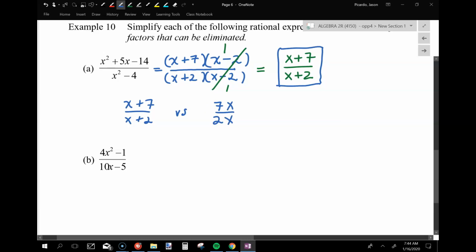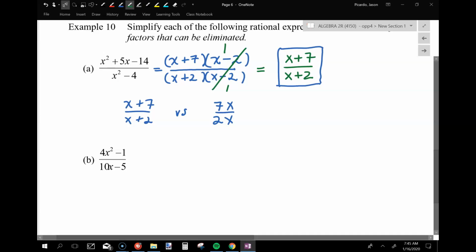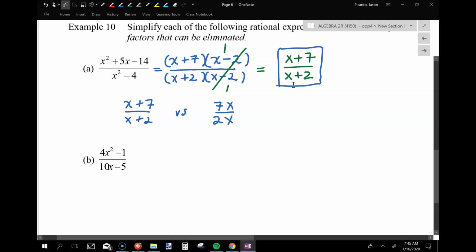Let's talk about the difference. What are you tempted to want to do when you get to this point? If you thought there was something else you could do, what was it?